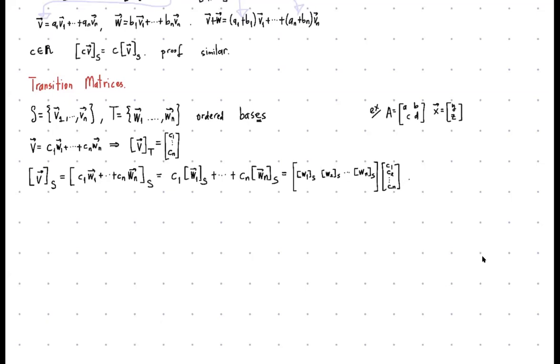If you compute this, you get AY plus BZ, and CY plus DZ. And I can write this as Y times the column A, C plus Z times the column B, D.